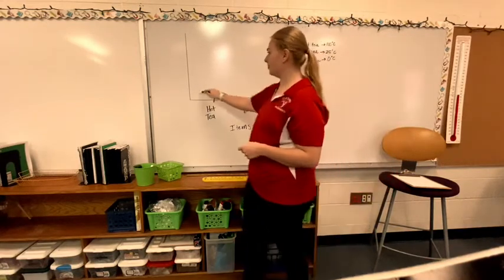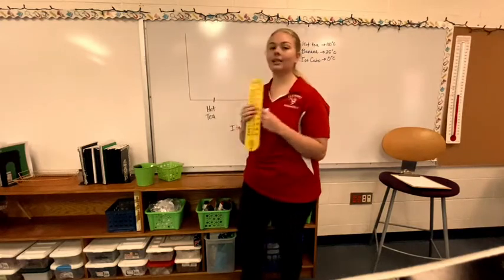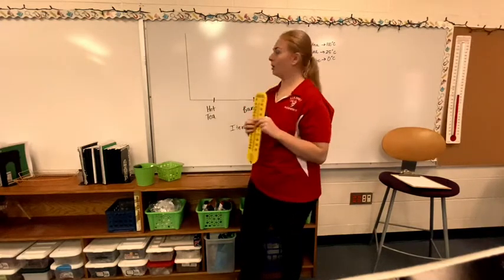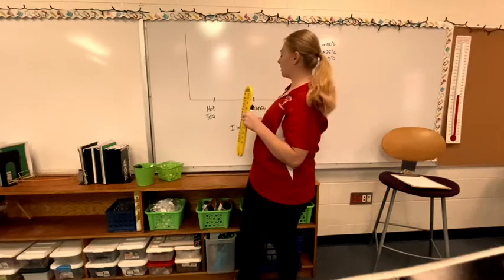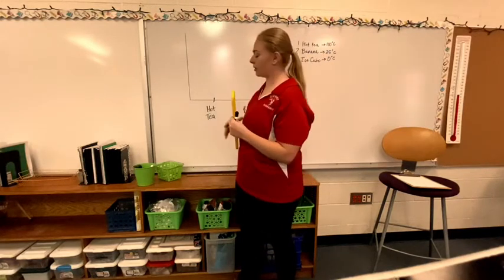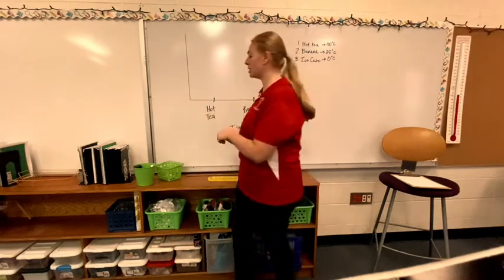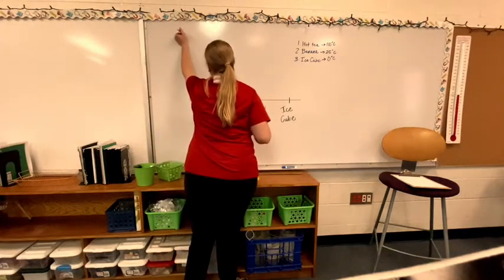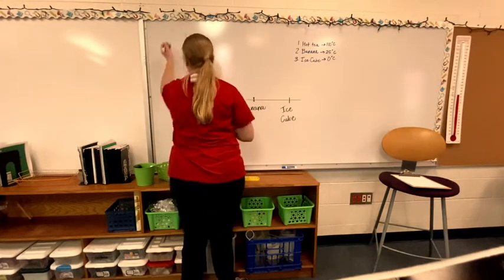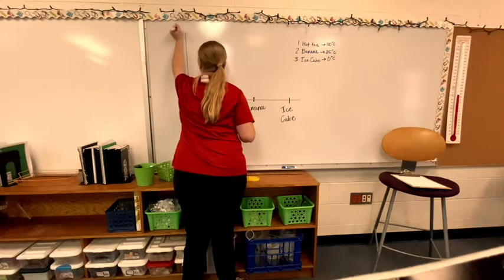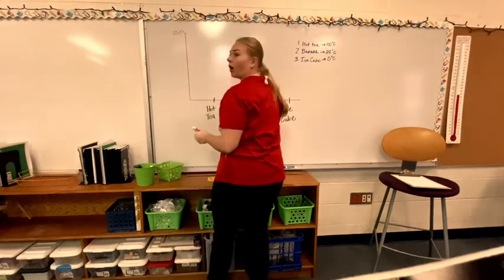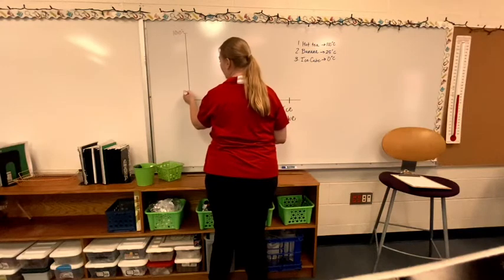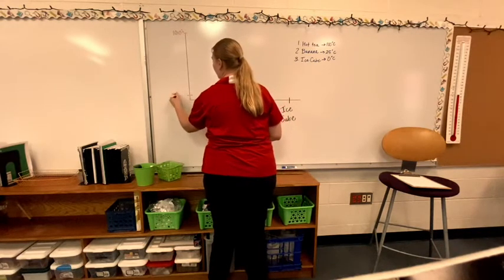Okay, right here, if we're dealing with temperature in Celsius, we need numbers on this side because we have the items on here, so now we need numbers. Okay, we know our largest number was 100, so that's what we're going to put at the very top. Okay, our lowest number right here was 0 degrees Celsius.